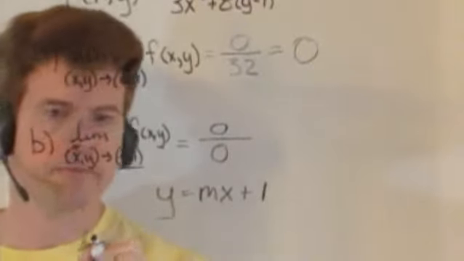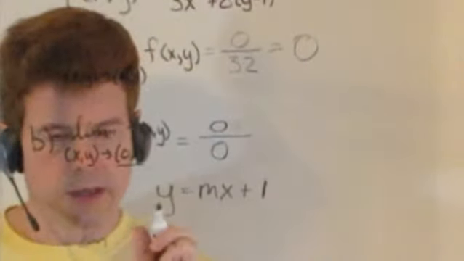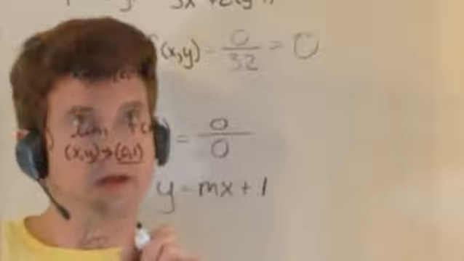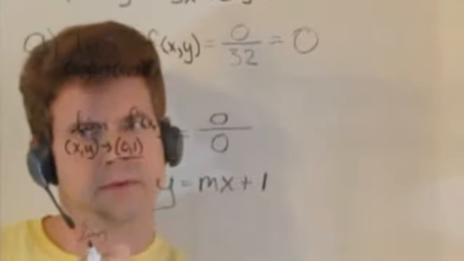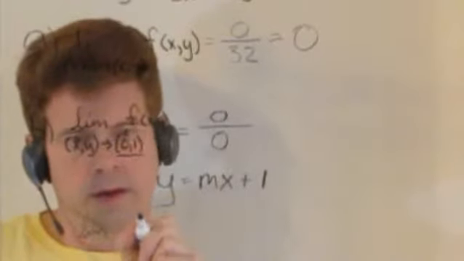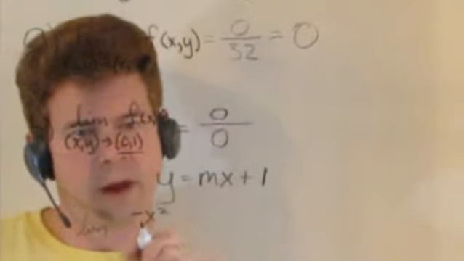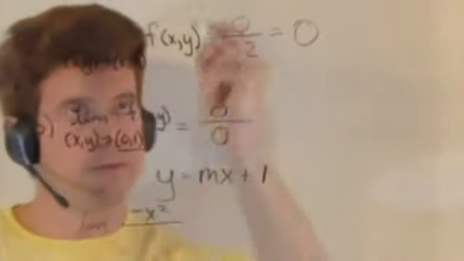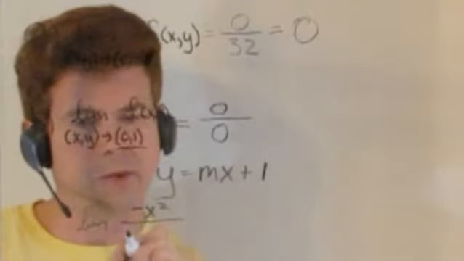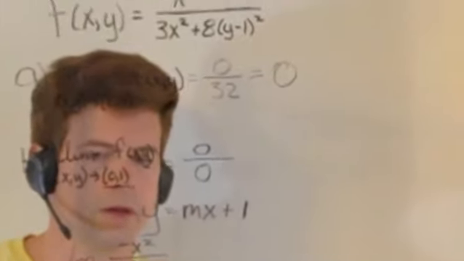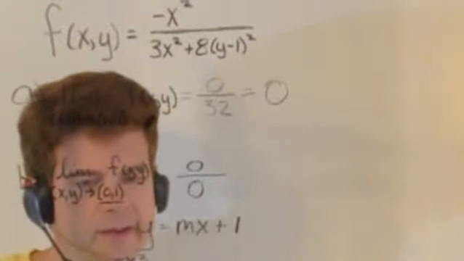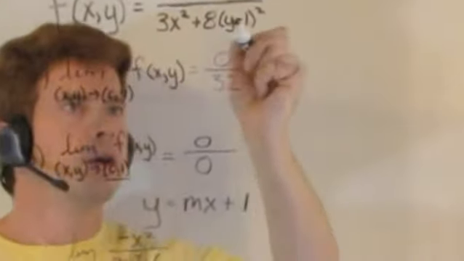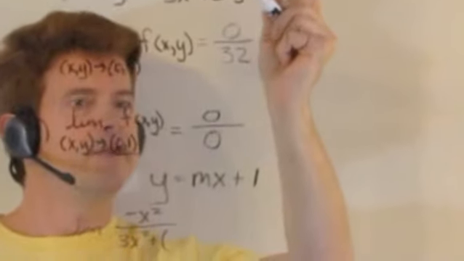Then we'll redefine the limit we're taking as the limit of the same equation, but replacing now: -x squared over, we still have our 3x squared plus, now we replace, we have y minus 1.